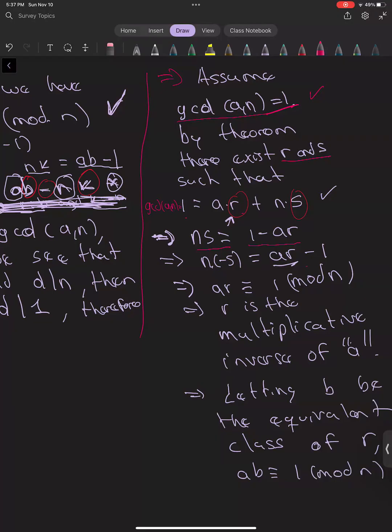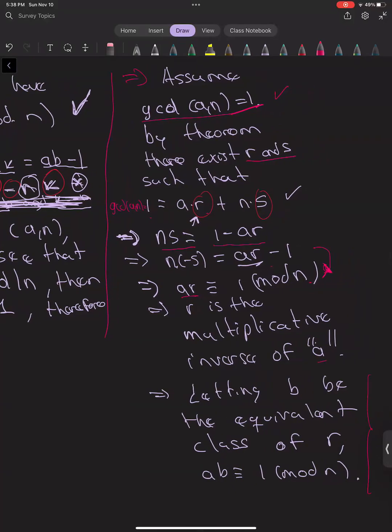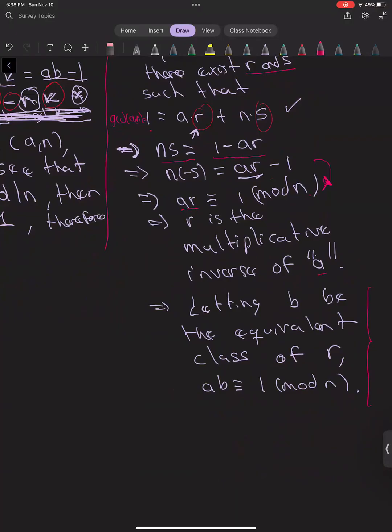So I get N times minus S equals AR minus 1, and that implies that AR is congruent to 1 modulo N. Therefore, R is the multiplicative inverse of A. This part also is from the book, and it's important. I think the book is correct. Letting B be the equivalence class of R, AB is congruent to 1 modulo N.